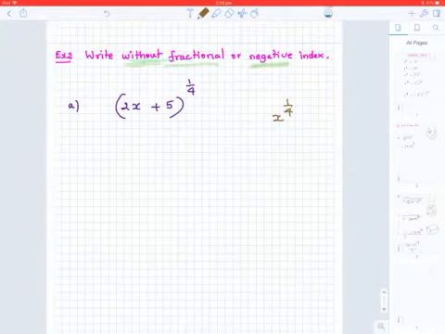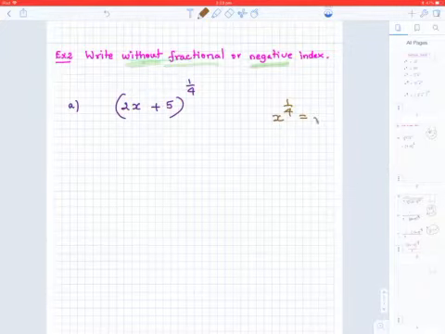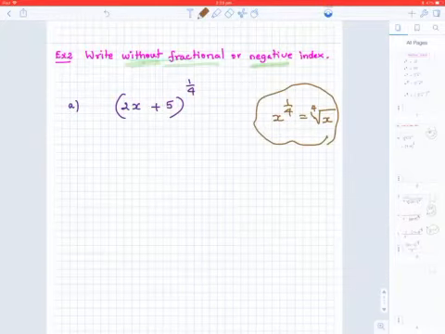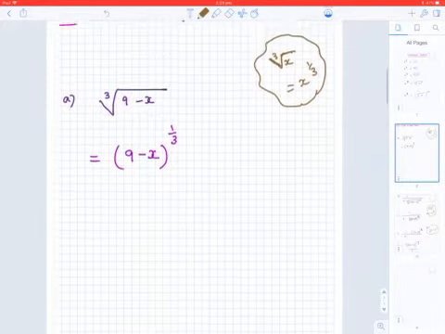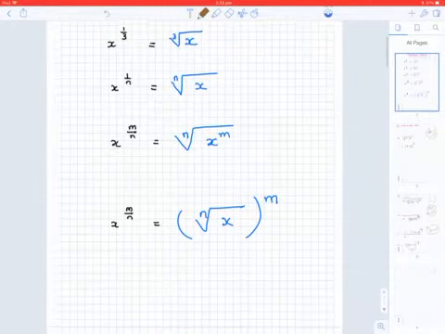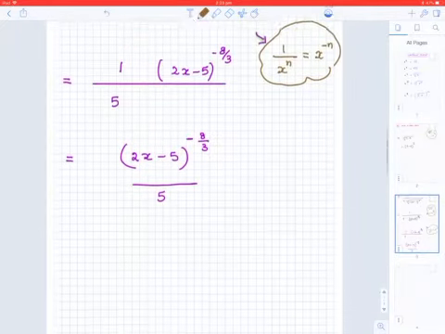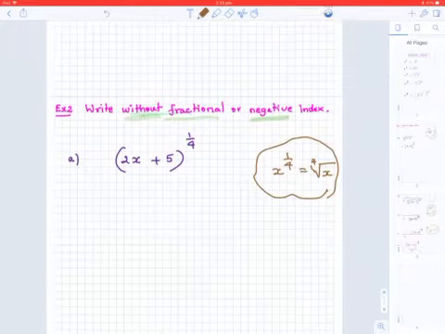Okay, now you have to remember, if it is x power 1/4, this could be written as fourth root of x. So we have seen that in the beginning. This is the result: x power 1 over n is nothing but nth root of x.